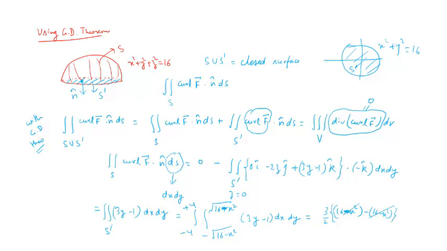The other part, since it is an odd function, whenever we integrate it from minus a to plus a, it is always going to be 0. The other part is minus 1, and we will simply get minus y, so we will be getting minus 2 times root of 16 minus x square dx, with limit from minus 4 to plus 4.